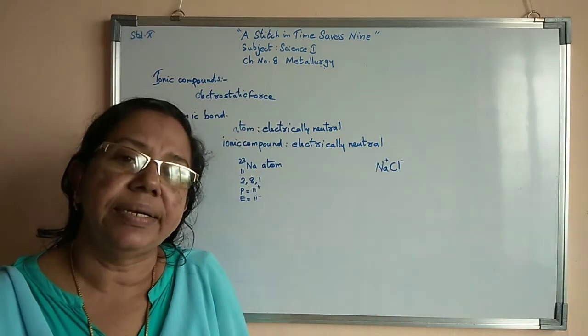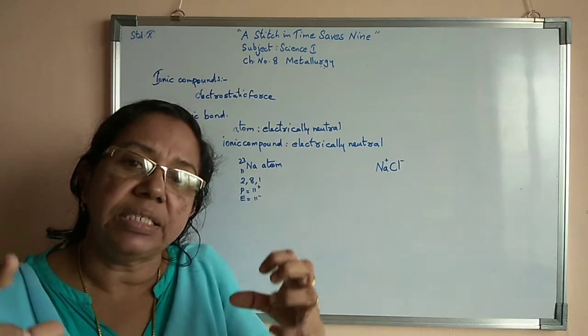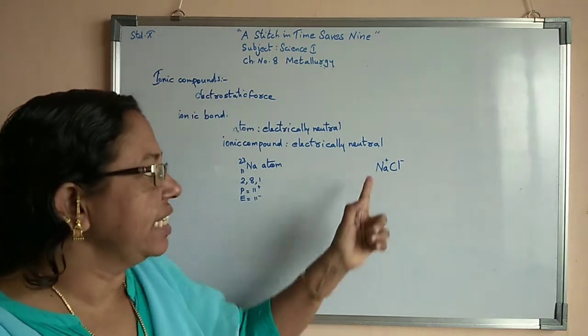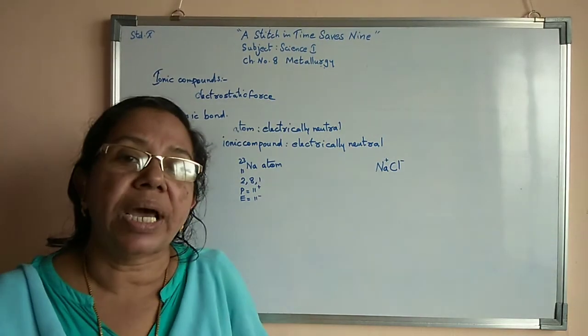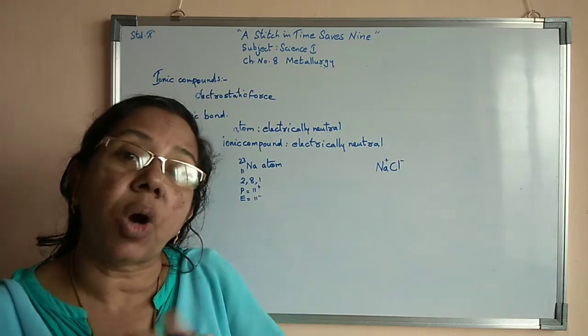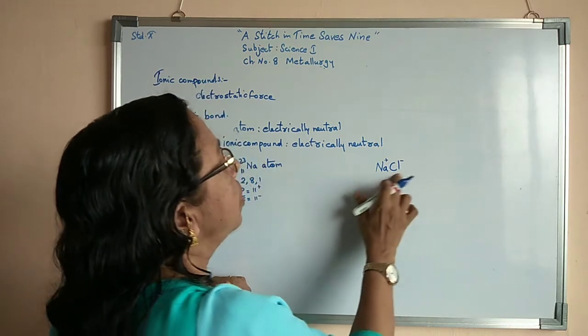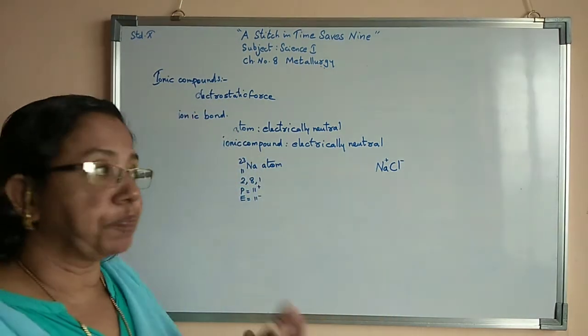We can say that joining of a sodium atom as well as a chlorine atom, as a result, sodium chloride ionic compound is forming. In that, sodium ion will be there, chloride ion will be there.